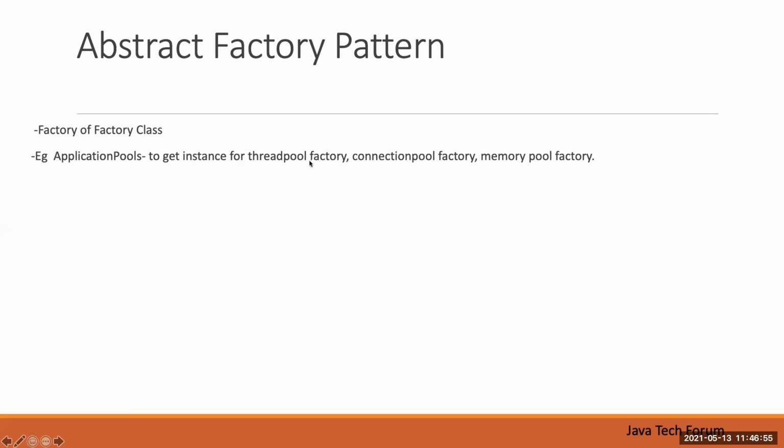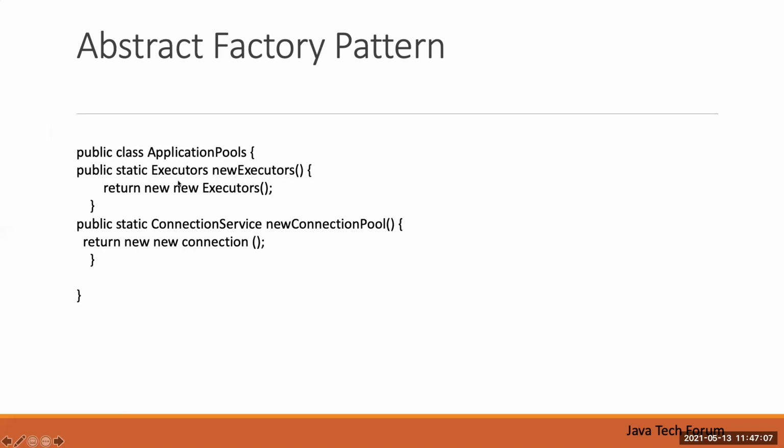Then we can get that specific instance. Here the abstract pool is a factory of factory classes.